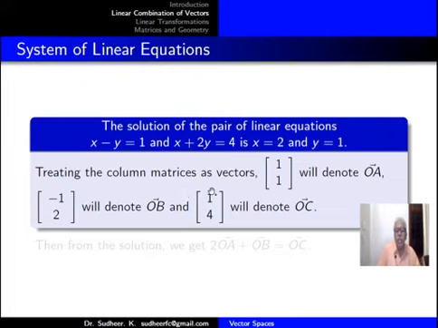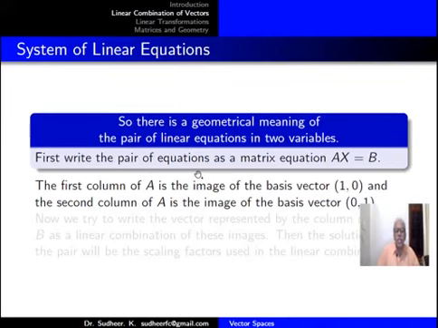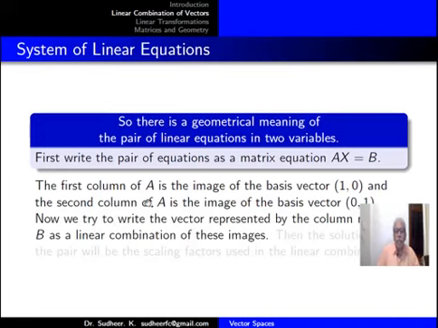Now, treating the column matrices as vectors, (1, 1) will denote OA, and (-1, 2) will denote OB, and (1, 4) will denote OC, and that's what we saw in the graph. Then from the solution we get 2 times OA plus OB equal to OC. So there is a geometrical meaning for the pair of linear equations in two variables. The column of A is the image of the basis vector (1, 0).